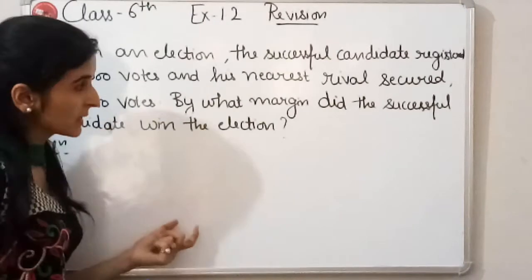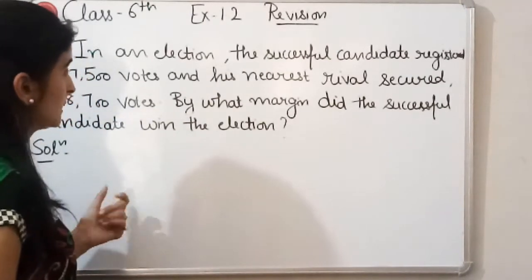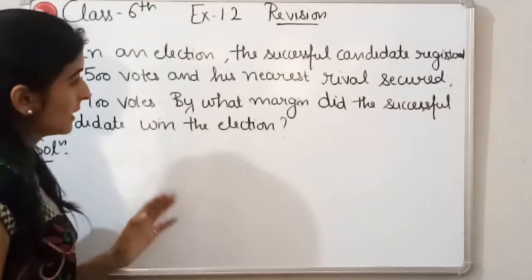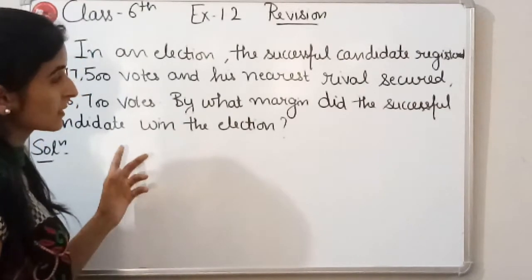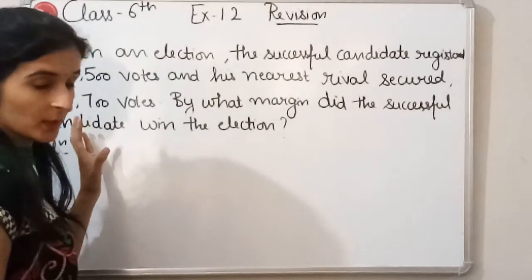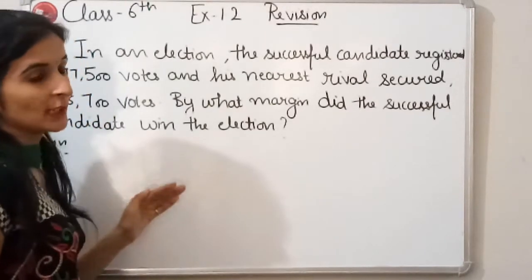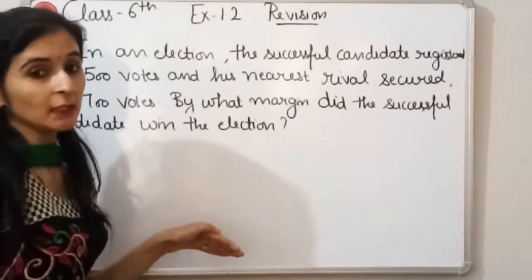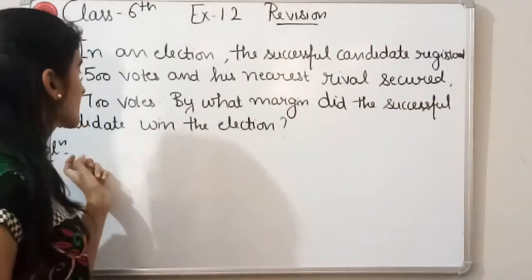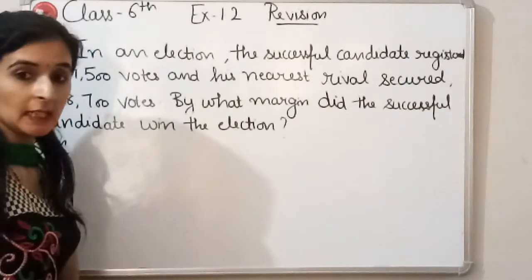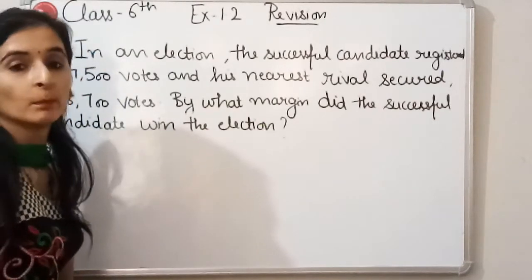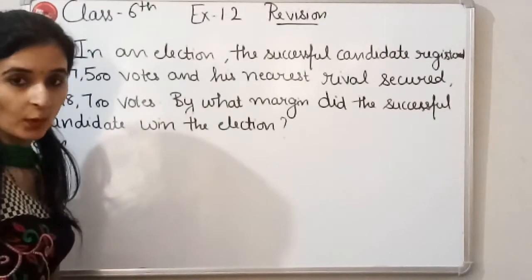Here we are given the votes secured by the successful candidate and the votes secured by the nearest rival. We have to find the margin between both candidates' votes.